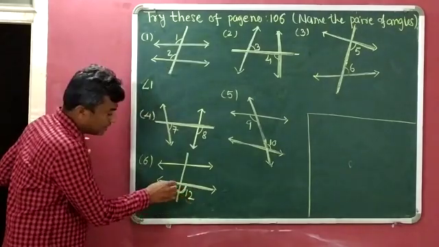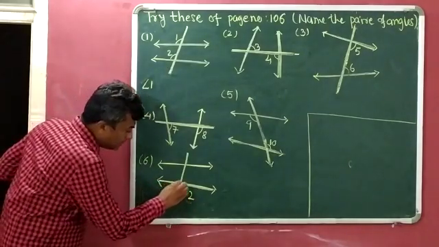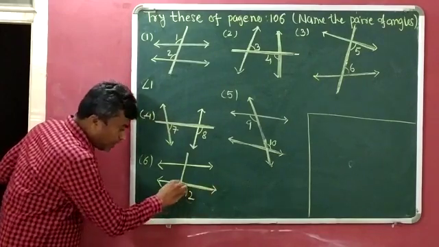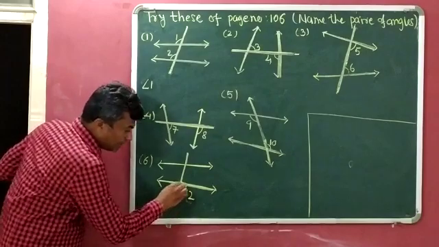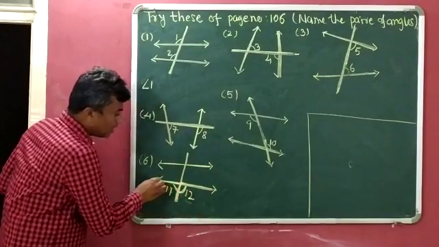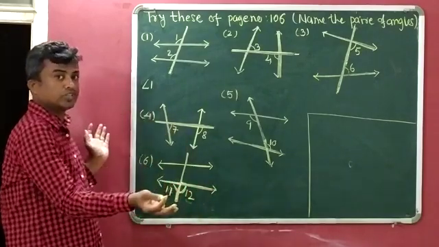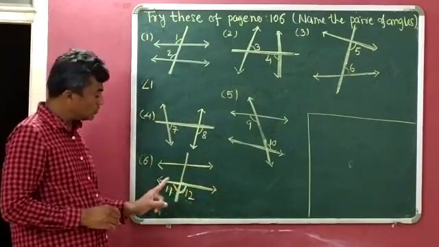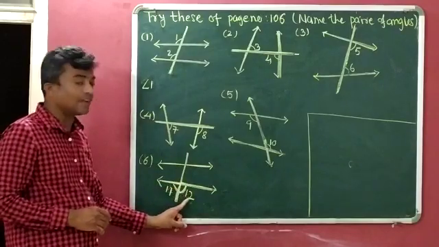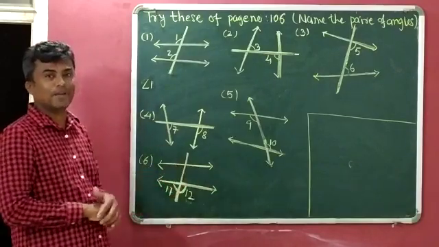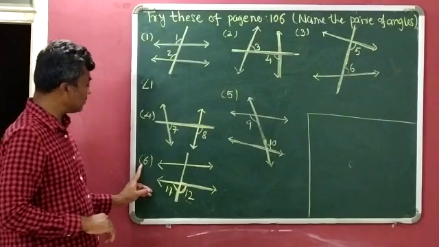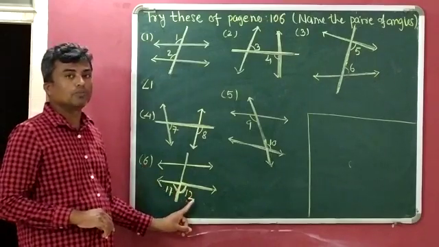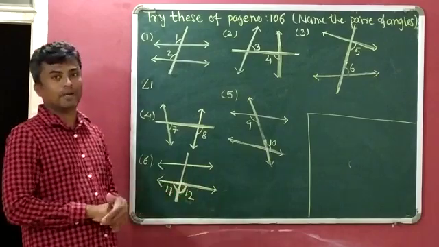They have a common arm and the non-common arms are exactly opposite to each other. So angle 11 and angle 12 are a linear pair. The final answer of question number 6 is that angle 11 and angle 12 are a linear pair.